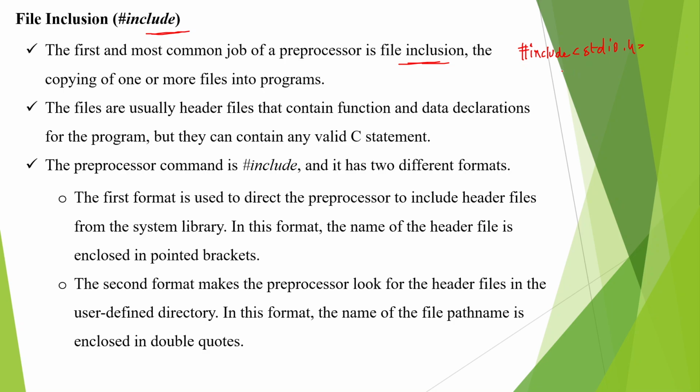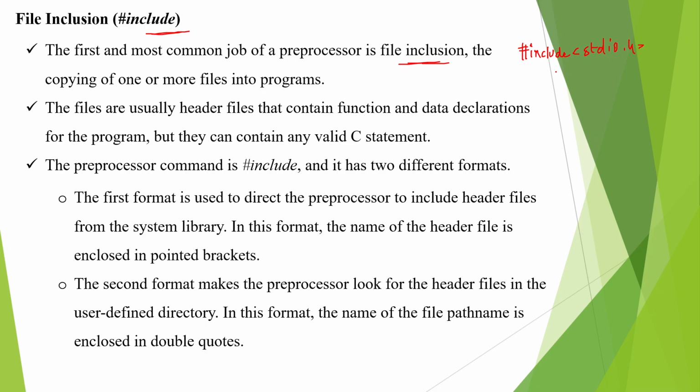Not just one, you can keep as many header files in your program as you need. You can keep stdlib.h, conio.h, math.h, string.h, as many header files as you need. That many preprocessing file inclusion commands you have to keep at the beginning of your program.